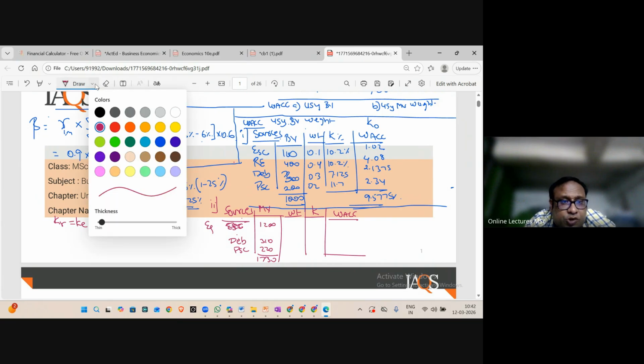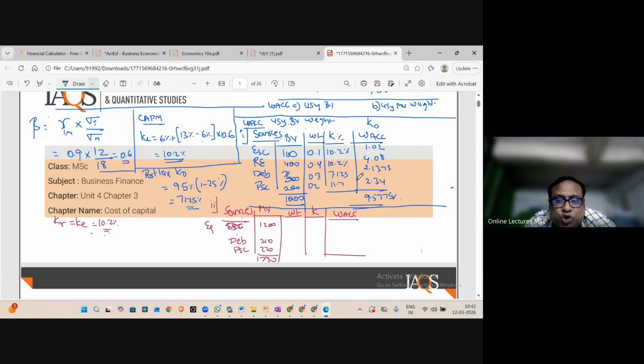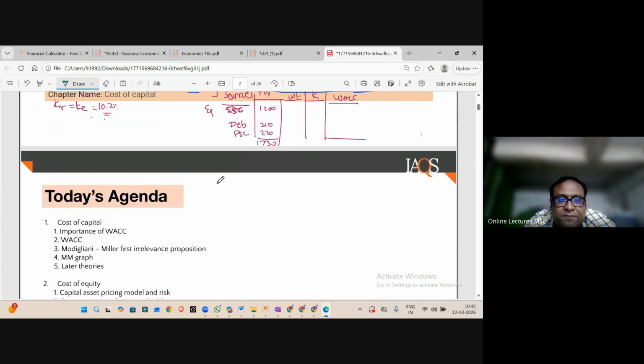Ashok, nothing to teach, things are simple. But suppose, only for you I'm doing this again. Everybody, suppose KR was not equal to KE, suppose the question maker had given KR as 10 and KE is, as you know, 10.2. In that situation, the calculation under market value weights will be this: equity, retained earnings, debt, PSC.